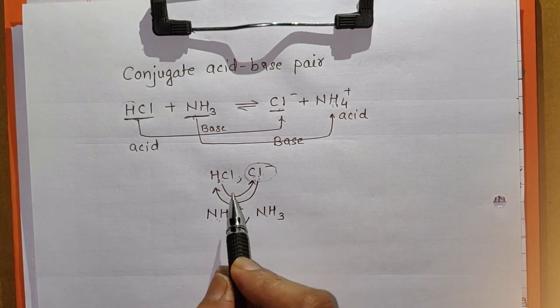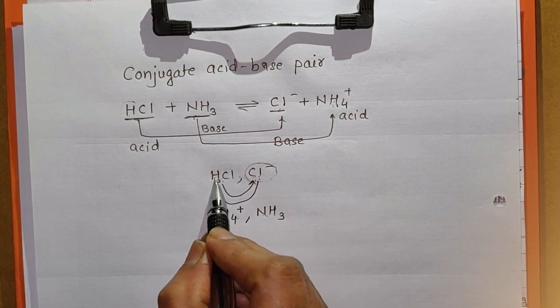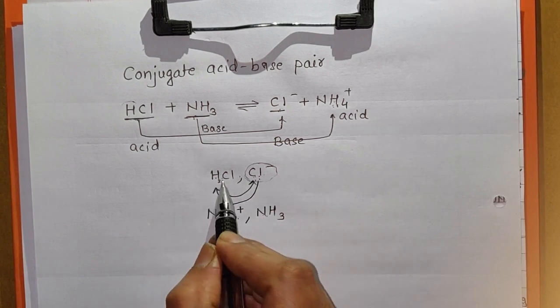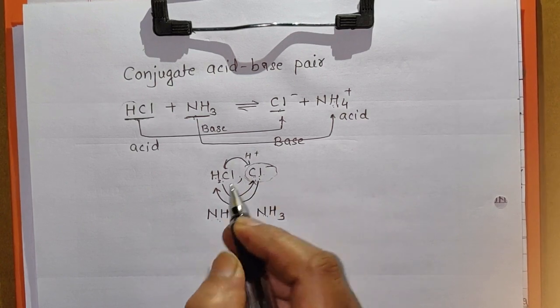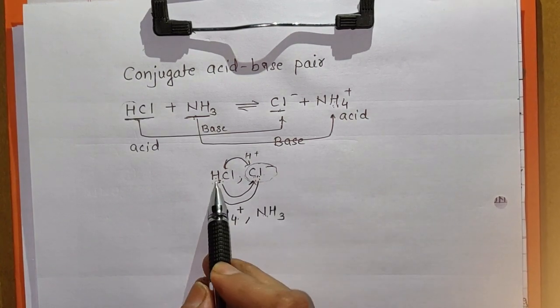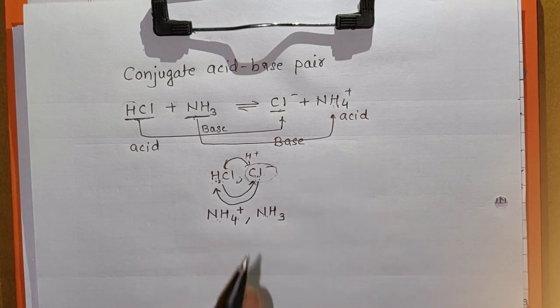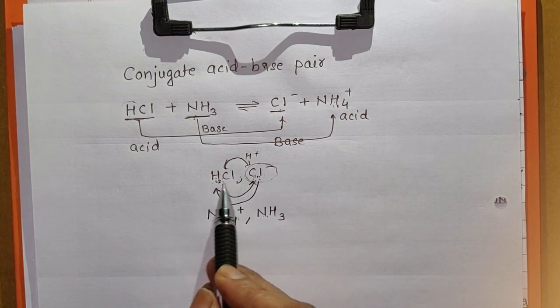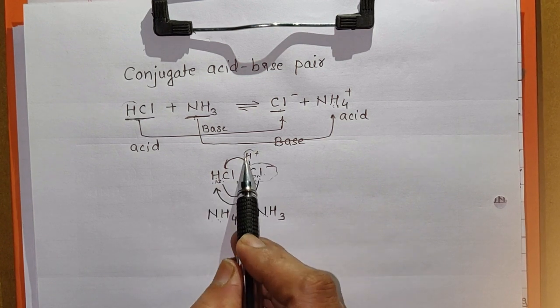If you observe these two examples, you can say that a conjugate acid base pair differs only by one proton, a single proton. What is the difference between these two? HCl, and in Cl minus one H plus ion is less. That means HCl and Cl minus differ by a single proton.